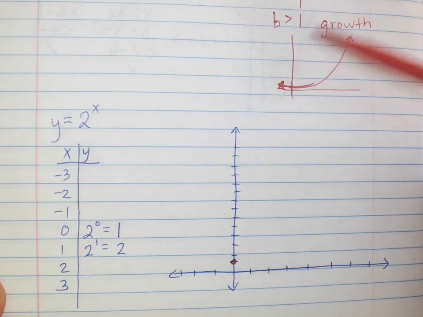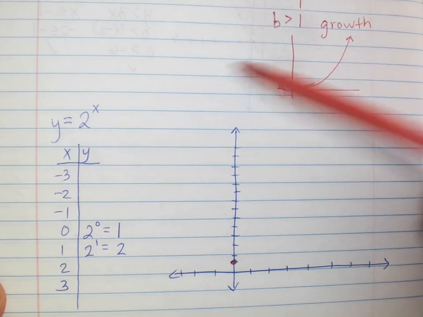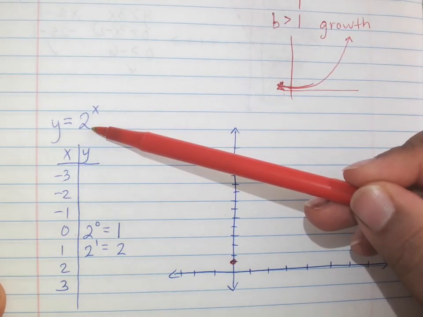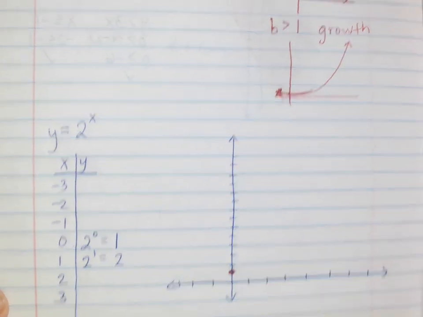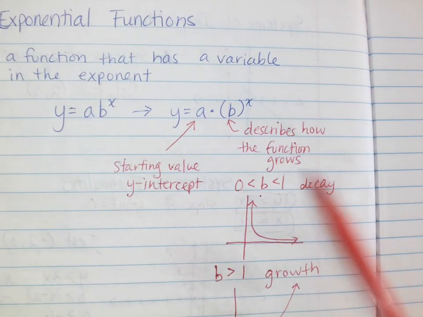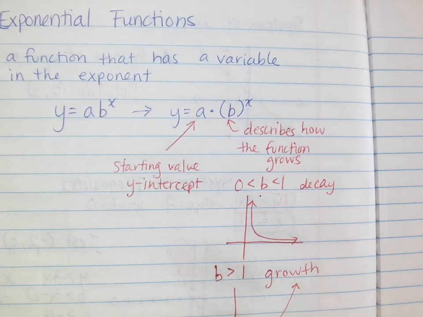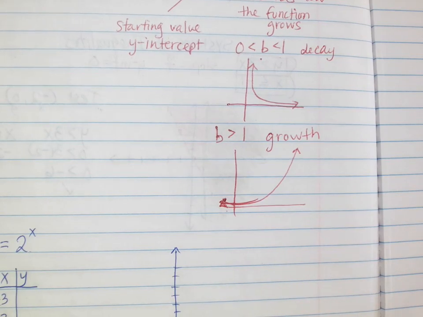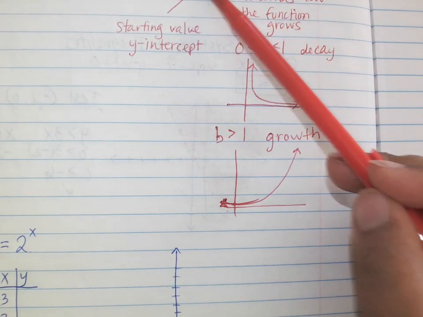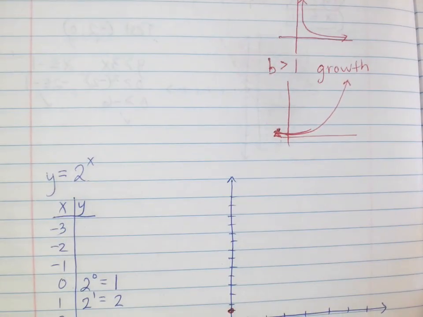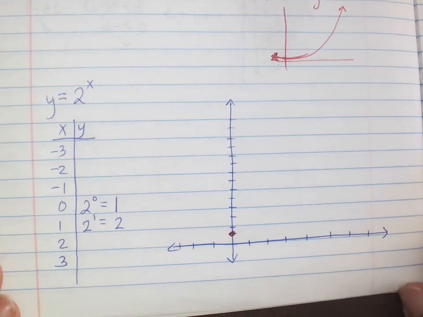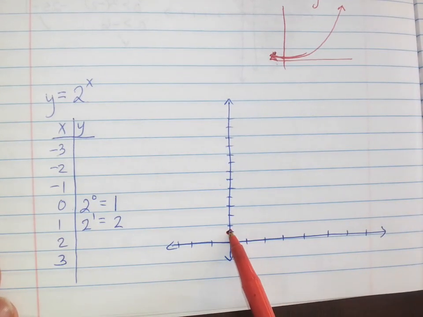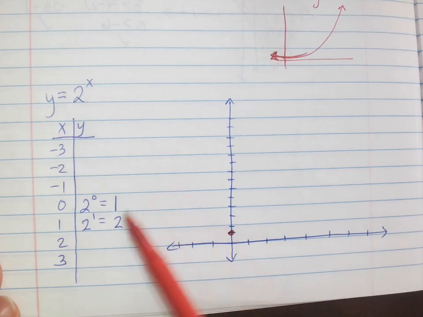Now, if we look at the little shortcuts we talked about up here, 2 is bigger than 1, and that's our b, right? b is the number to the x power. So we should know that it's going to be something like this. And our a, in this case, is an invisible 1. And that's what we see. It's starting at 1. That's our y-intercept. So it follows those rules.